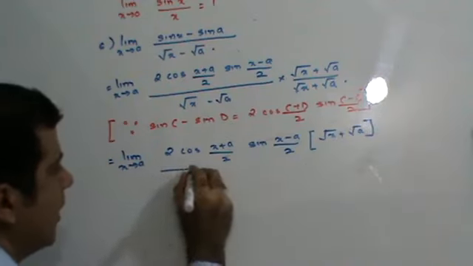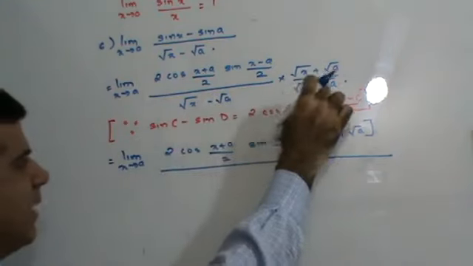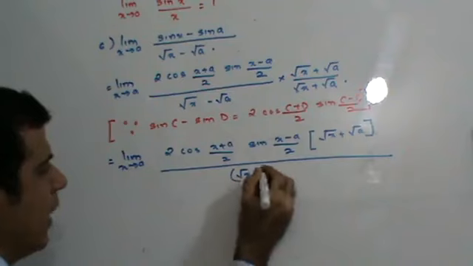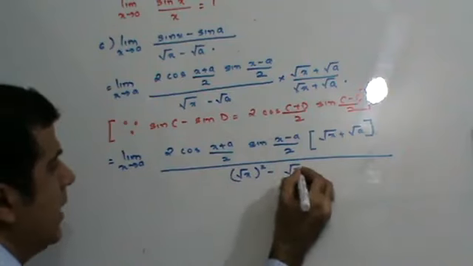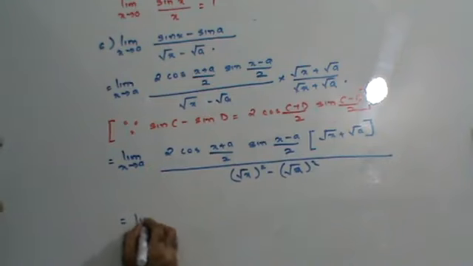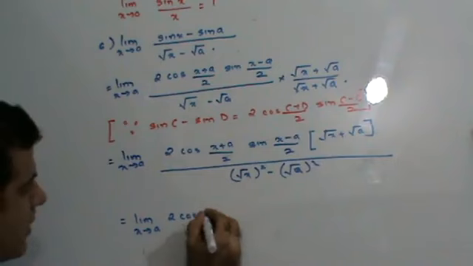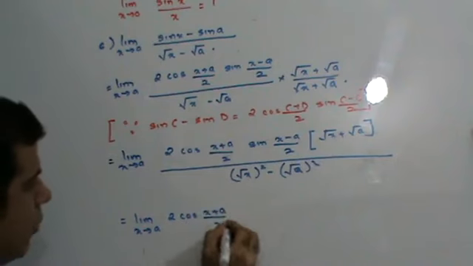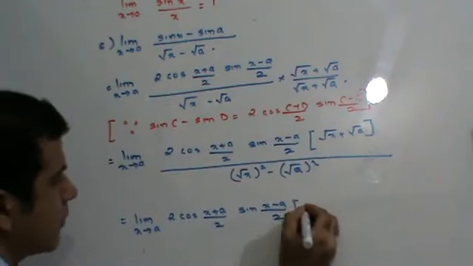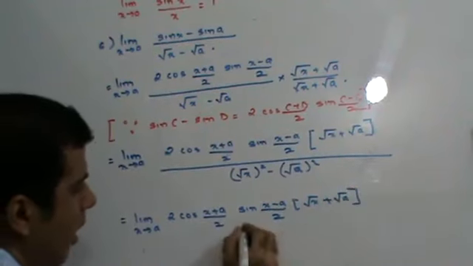Now in the denominator, (a minus b)(a plus b) is going to give you a square minus b square. This can be written as limit of x tends to a, 2 cos (x plus a)/2 sin (x minus a)/2, root x plus root a upon.